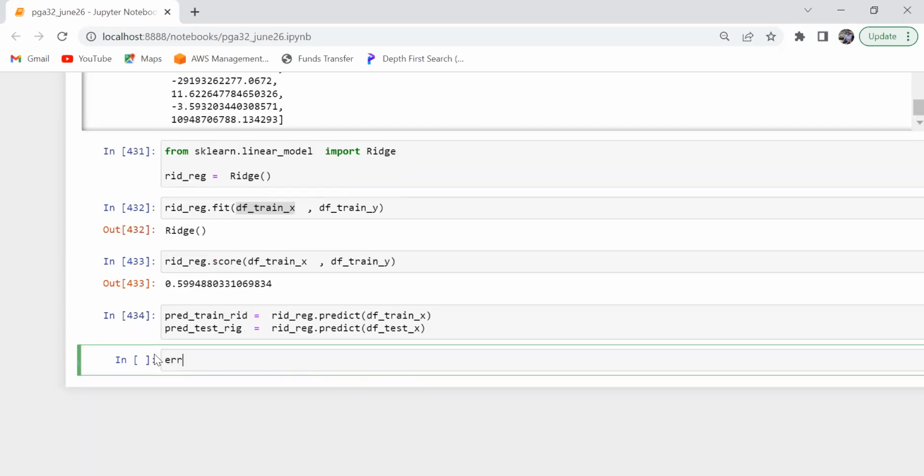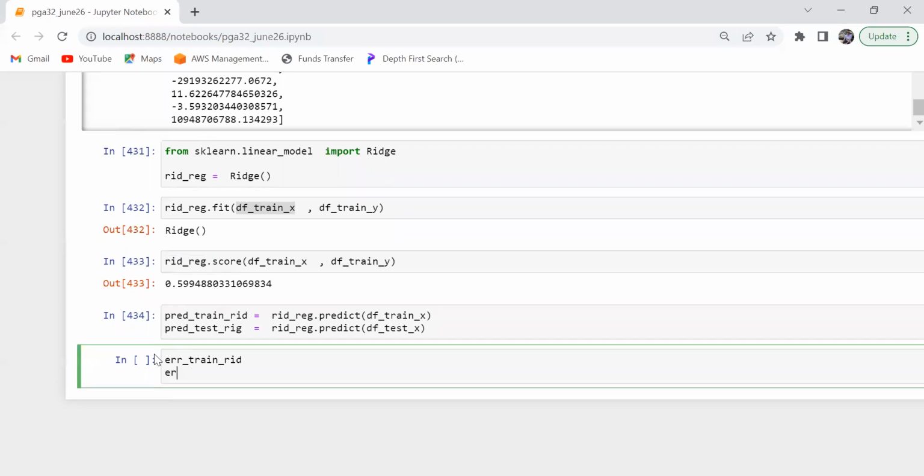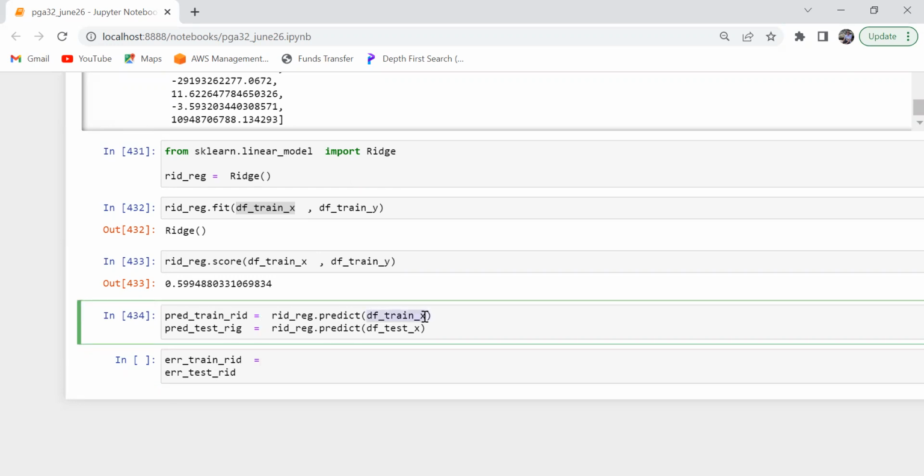Predicted, then error train ridge. Please आखिरी में वो ridge word जरूर add कर देना, otherwise you would be very much confused. Make the conventions proper. So what is error? Error is nothing but actual minus predicted.